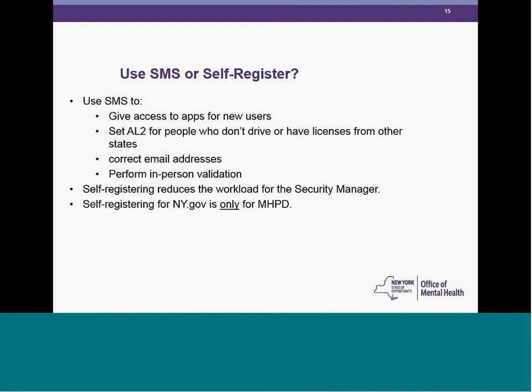Self-registration can reduce the workload for a security manager, an important consideration for an agency that has many MHPD users. However, the self-registration application is only for existing MHPD users. An MHPD user cannot, for example, obtain access to NICE by logging into MHPD and self-registering.